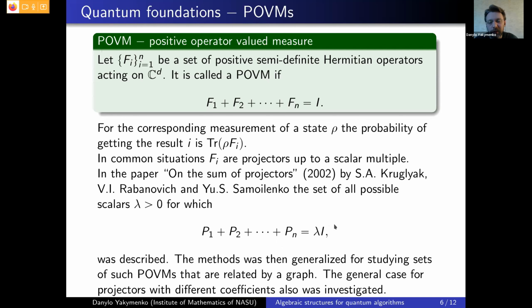If the number of elements in the POVM is 4 or less, then there is a full classification of POVMs of this type. But whenever n is bigger than 4, then this problem becomes very hard. So what we have done in our research is that we consider some additional relations between the corresponding projectors, and then we study and classify those POVMs.